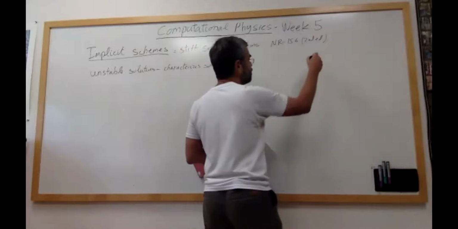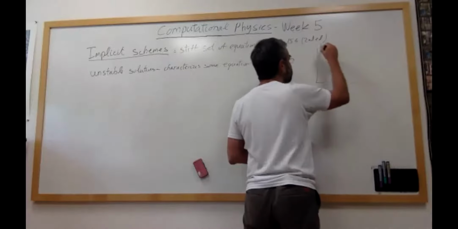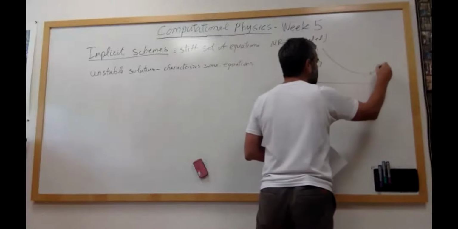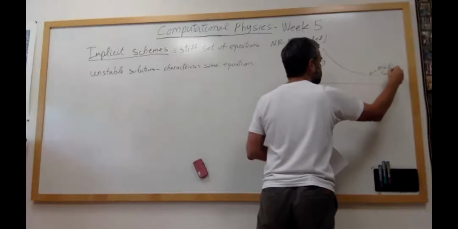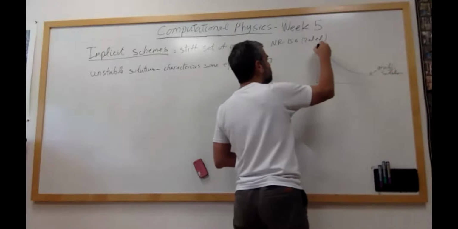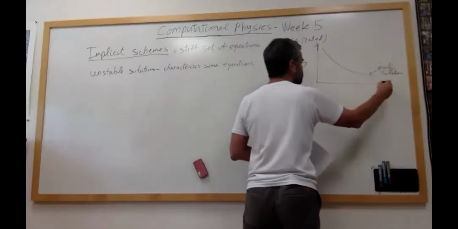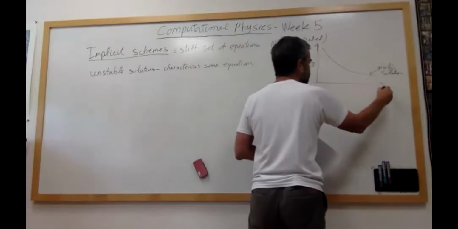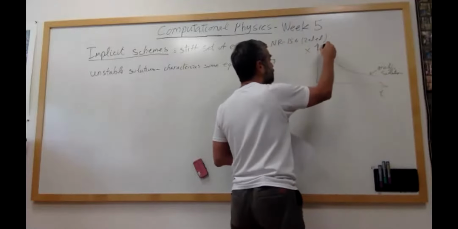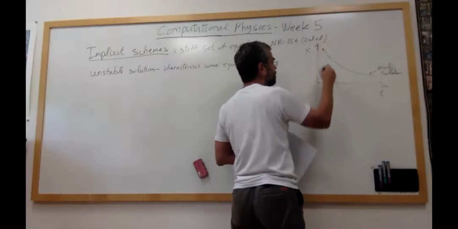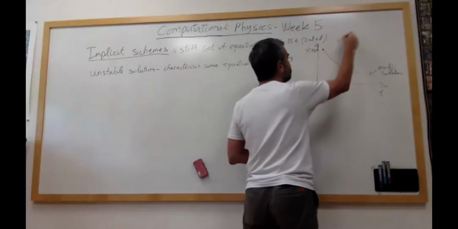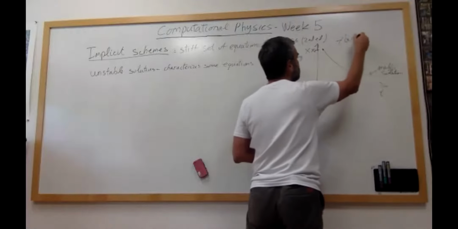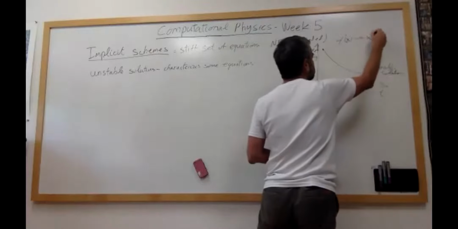An unstable solution would be as follows. Let's say this is the analytic solution that we want to derive, x as a function of t, with some initial condition here, t0 and x0. We have some f of x, and we want to derive x of t.